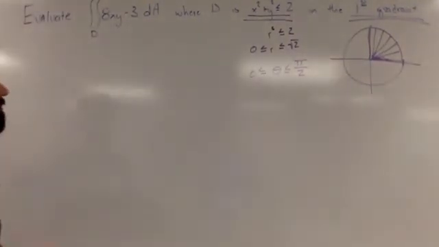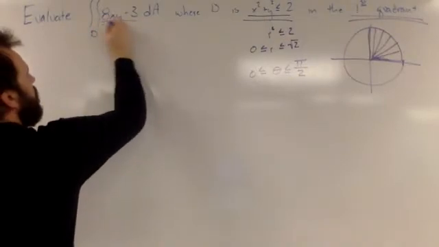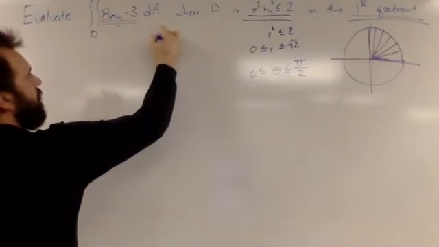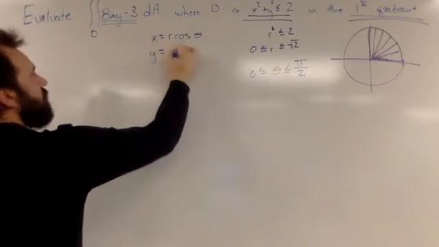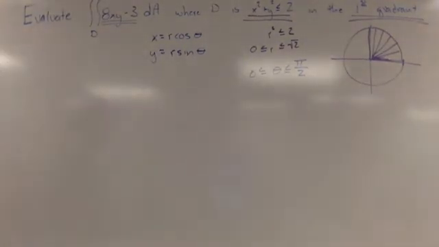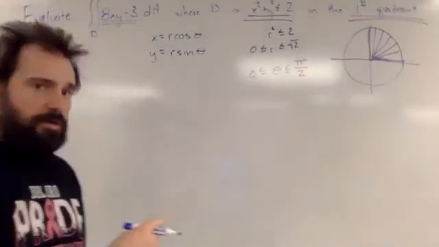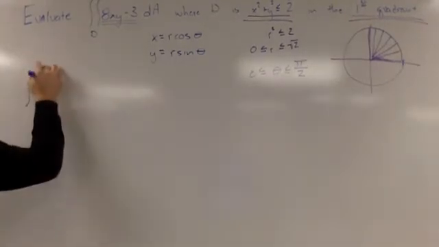So the second part is my function. I need to remember that my x value is going to be r cosine of theta, and my y value is r sine of theta. So let's put that all together and rewrite this integral as an iterated integral. I'm going to go the double integral.